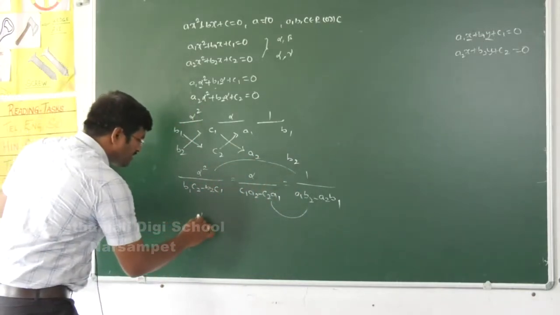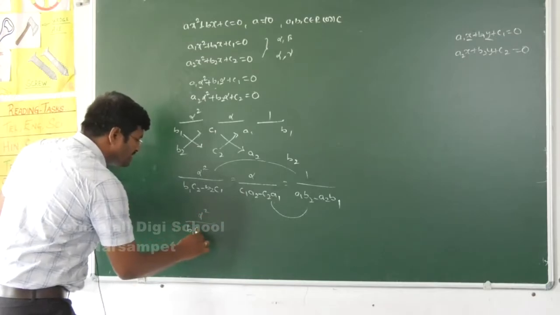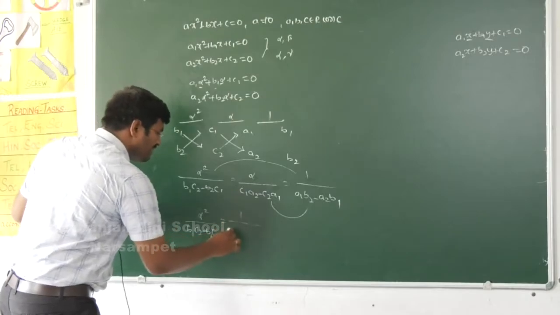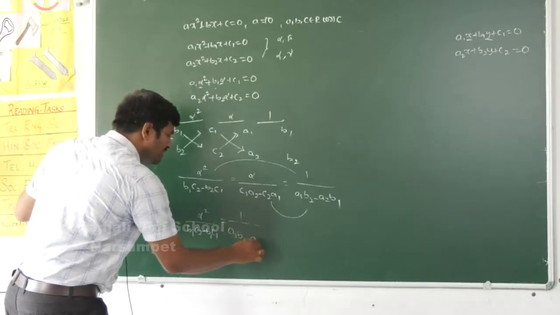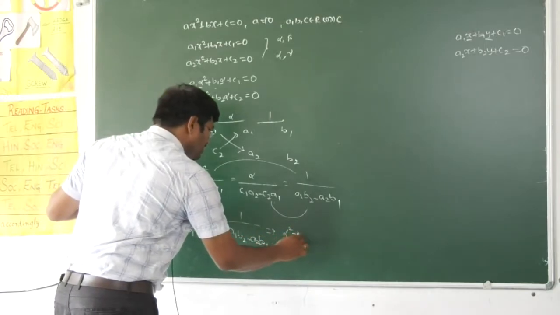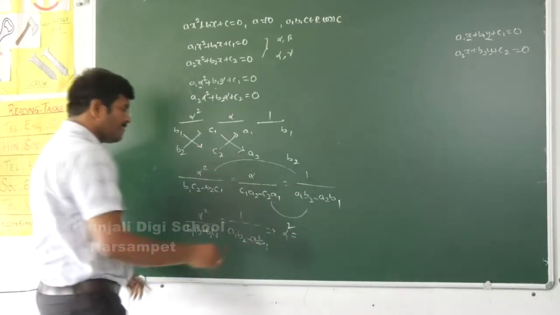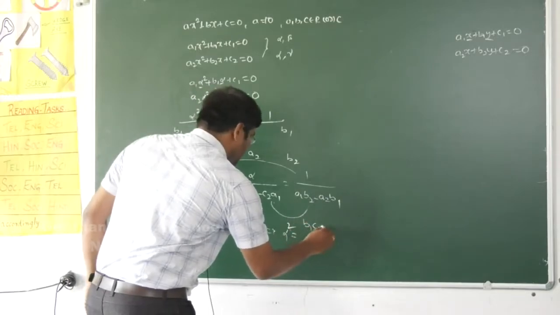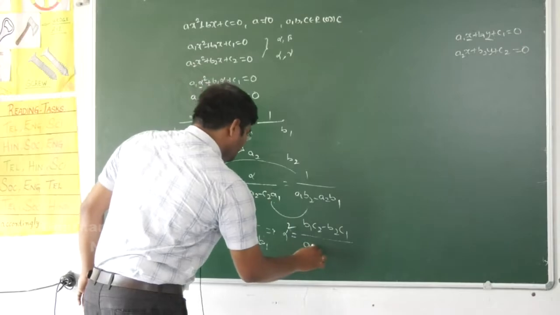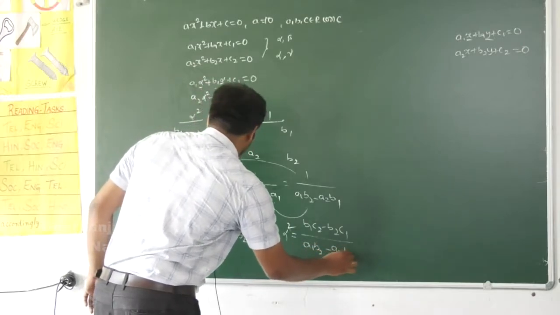By this you can write alpha square by b1 c2 minus b2 c1 is equal to 1 by a1 b2 minus a2 b1. That implies alpha square is equal to b1 c2 minus b2 c1 by a1 b2 minus a2 b1.